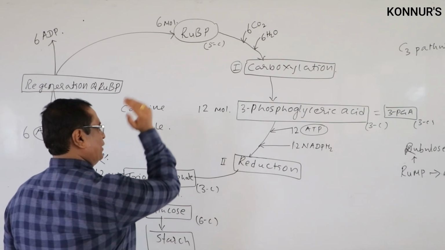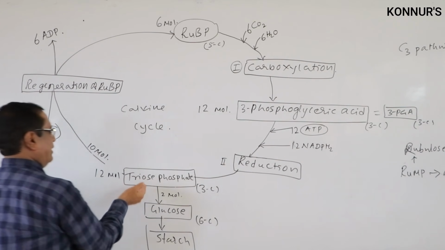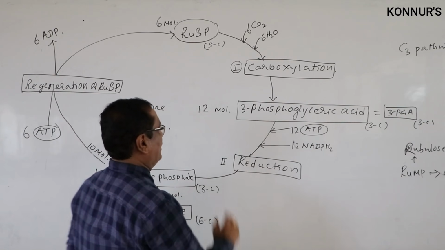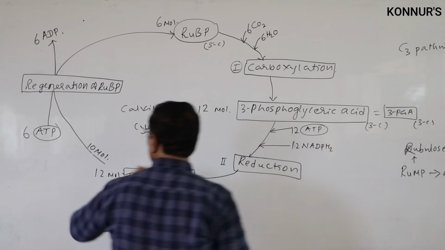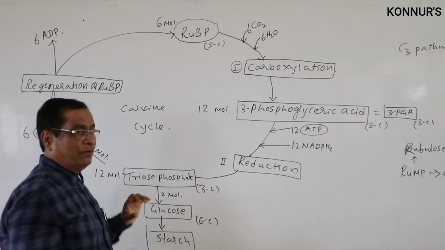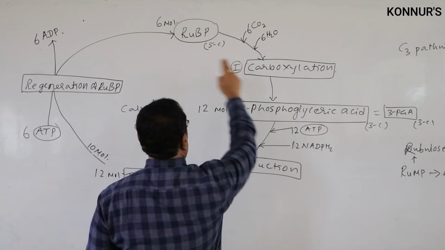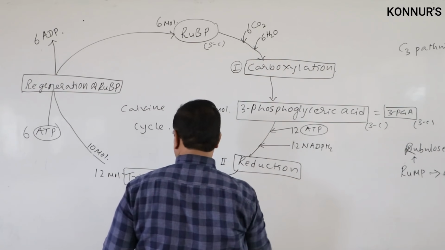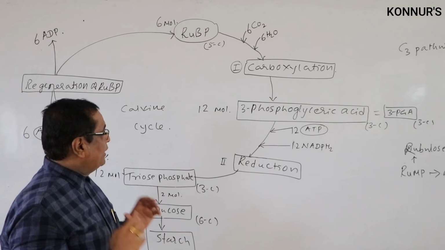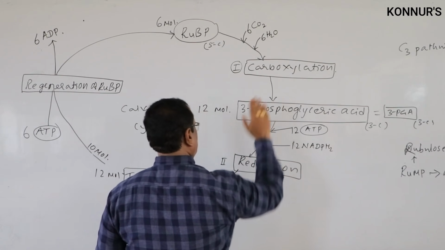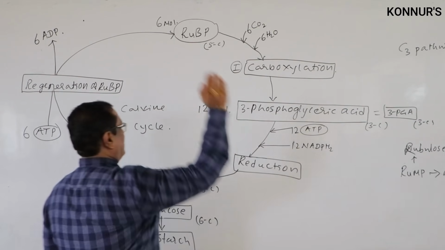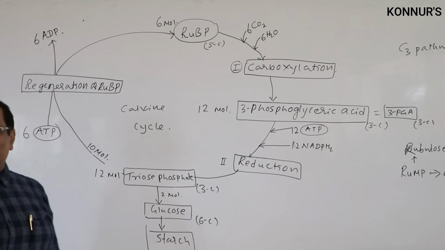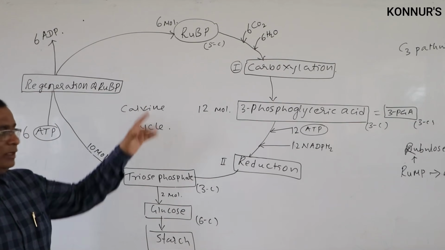In RuBP, they can give A, here B, and C. And as per steps, first, second, and third, here they can give X, Y, and Z. If they wish to ask the steps, the compounds' names will be given, but here they can give X, Y, and Z. Sometimes, if they wish to ask the compounds, they will write carboxylation, reduction, and regeneration of RuBP, but here they can give code X, Y, Z, like this, so that you should remember those compounds.